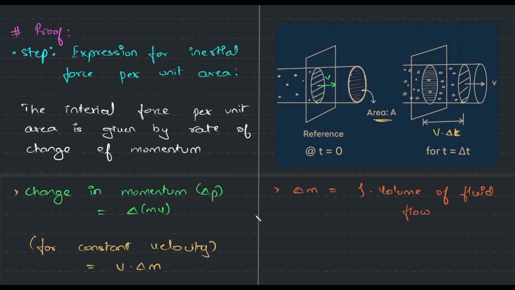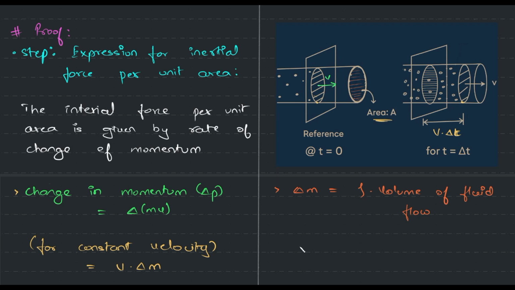But in this case, velocity is constant. Mass is what is changing, how much fluid is coming in. To figure that out, we make use of density into volume.